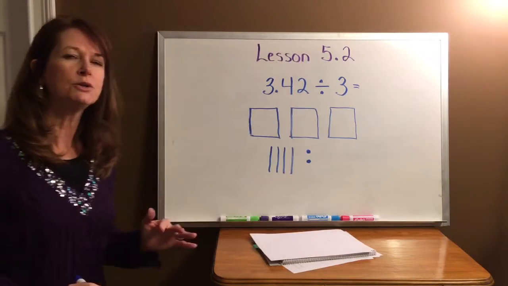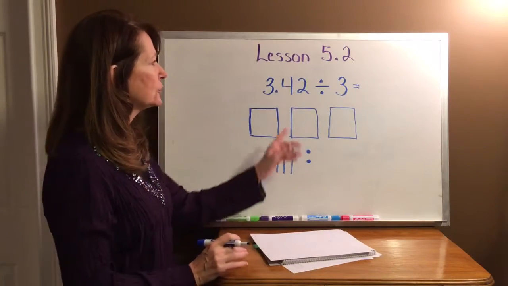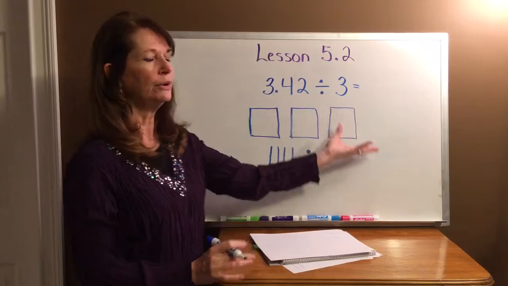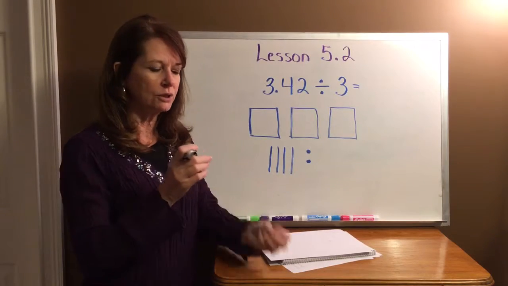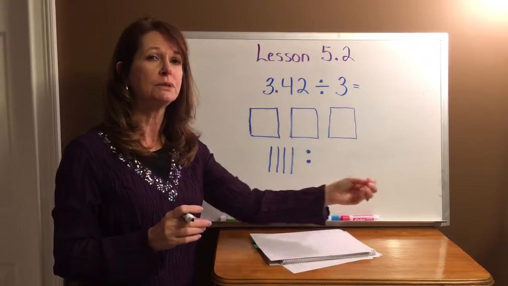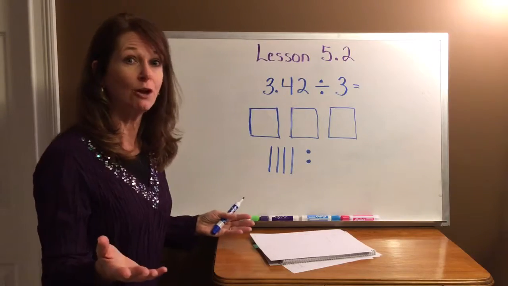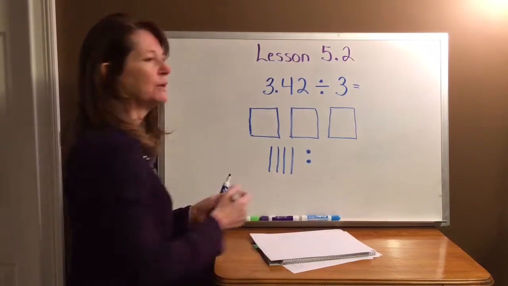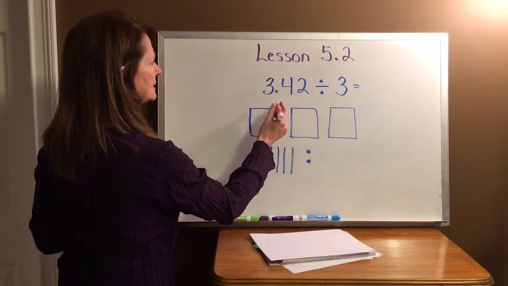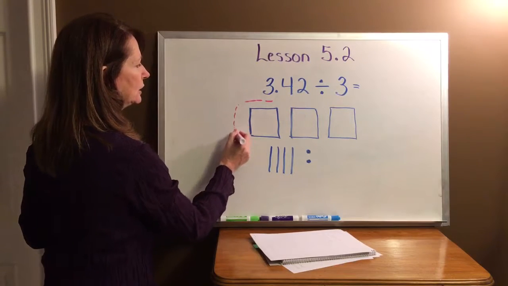All right, well, here's really what we're trying to do. We're trying to take this whole group and separate it out equally into 3 groups, okay? That's what division is all about. So here's what I'm going to do. I'm going to make a little circle.